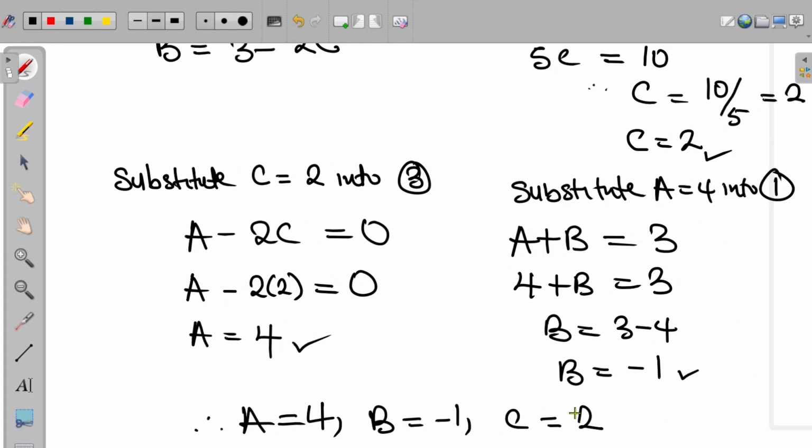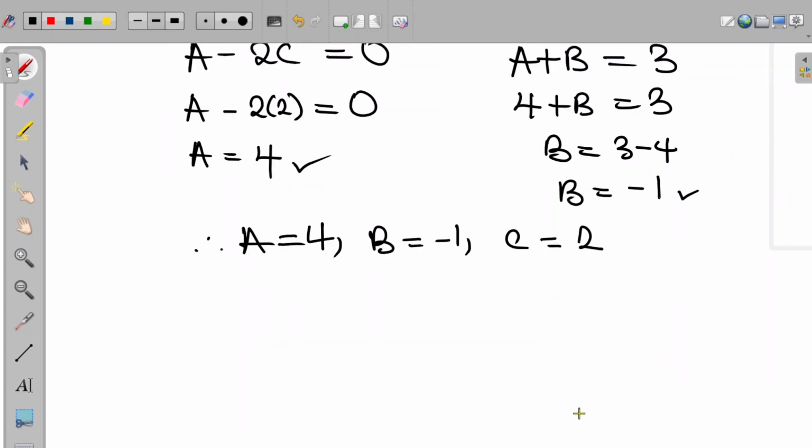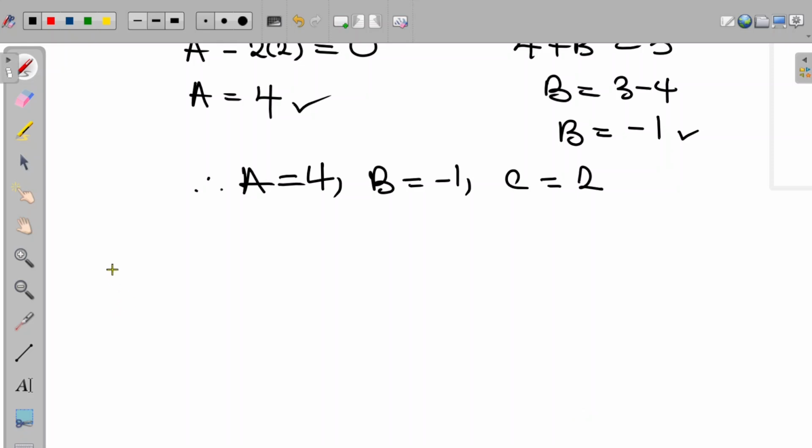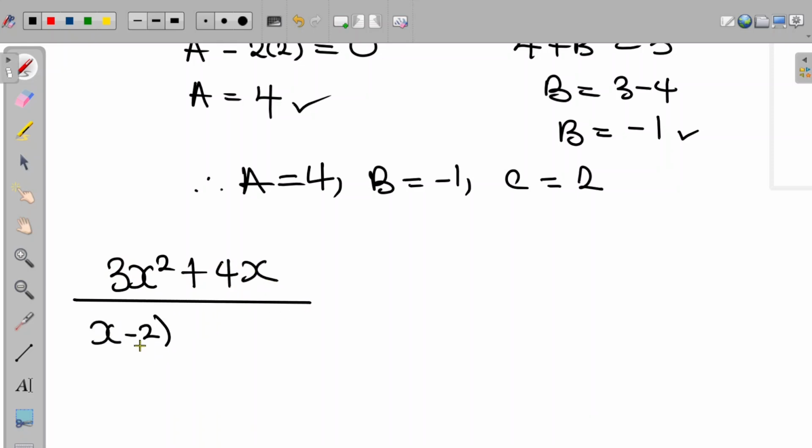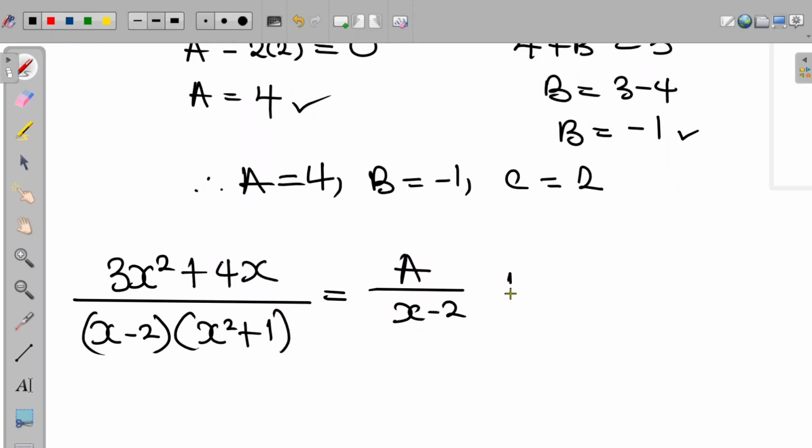Now at this point, we can substitute a, b, and c into equation A. Recall that equation A gives us (3x squared plus 4x) divided by (x minus 2) multiplied by (x squared plus 1), and this was resolved as A divided by (x minus 2) plus (bx plus c) divided by (x squared plus 1).